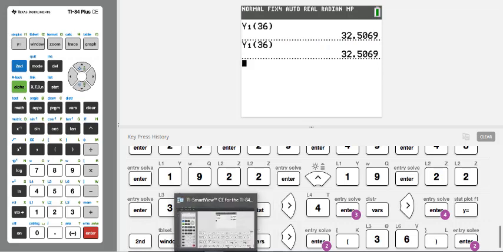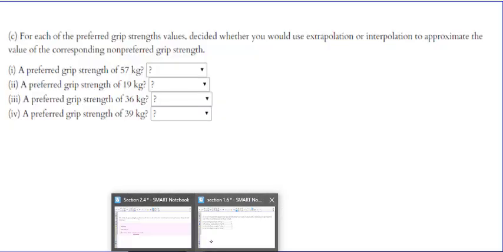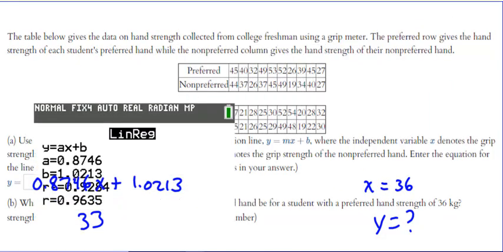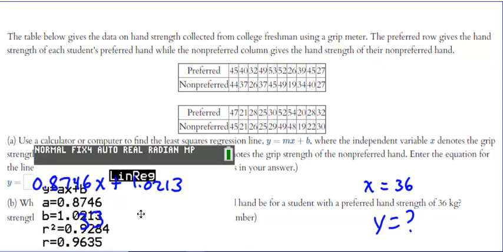Okay, let's look at our data. 45, 40, what's the lowest? I've got to write the lowest there. So that's a 32. No, I've got a 26 there.